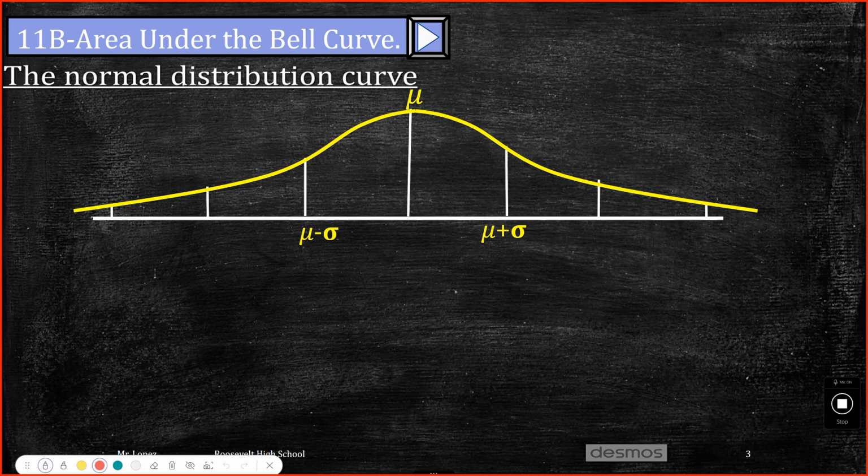If that is 68%, then this area right here is 34% of people, and here is 34%, and that is 68%. That's within one standard deviation of the mean. 68%.